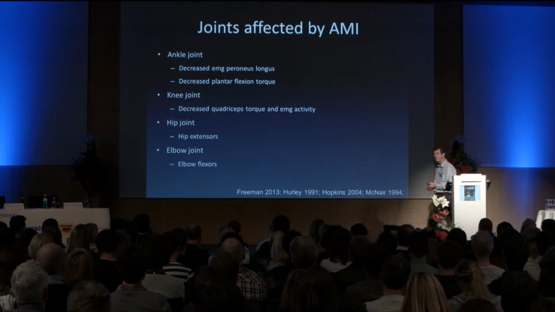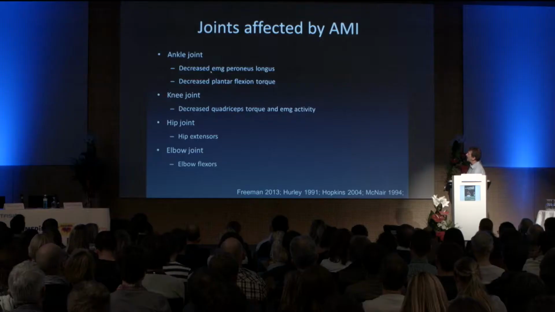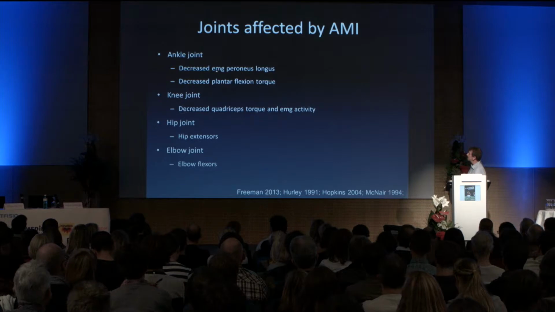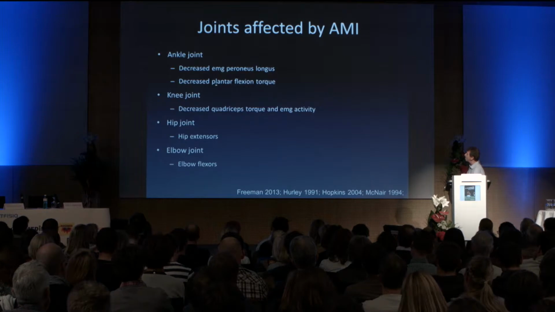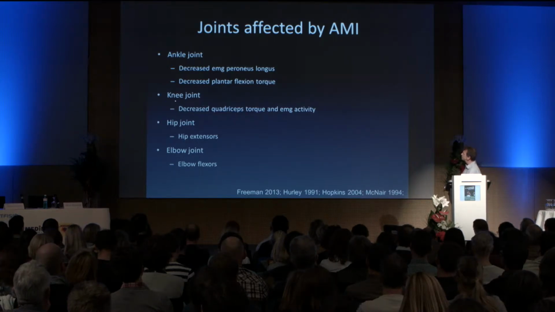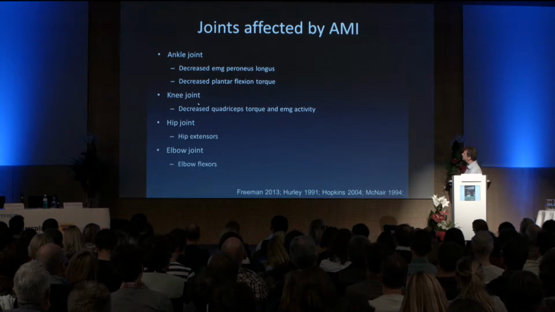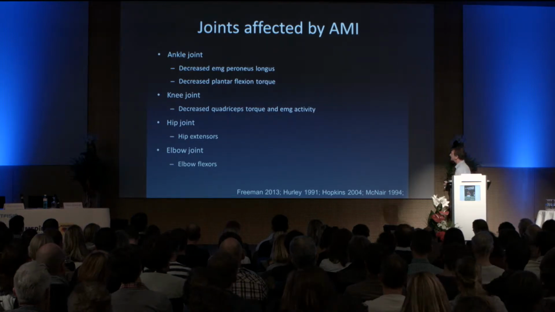Now, a number of joints in the lower limb are affected by AMI, and I just give you 3 or 4 of them here. For instance, the ankle joint, AMI affects the EMG activity of peroneus longus, so there's the muscle that's affected down there. Also, the plantar flexors are shown to be affected if you have a damaged ankle joint. At the knee joint, it's almost exclusively the quadriceps that's the muscle that's affected, and you'll see changes in torque, deficits in the amount of torque it can generate, and also its EMG activity.